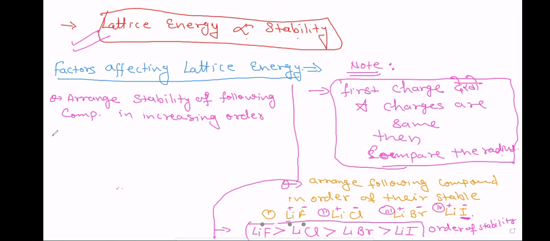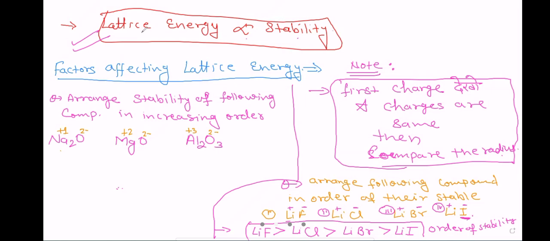For example, Na2O, MgO, then Al2O3. So what is our rule? First you go for charge. How much charge is Na carrying? +1 and oxygen is -2. Mg carries +2, and oxygen is -2. Al carries 3 positive and oxygen is -2. Clear?